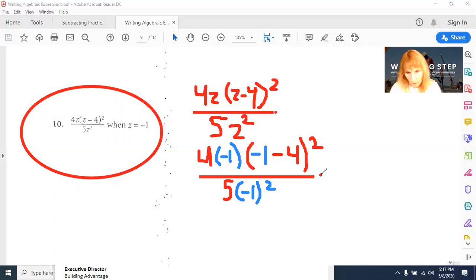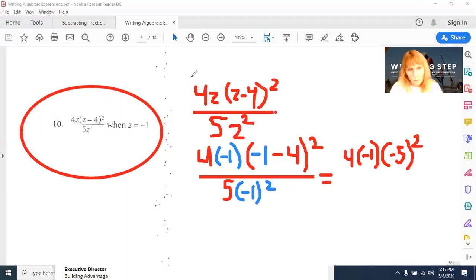I'm still going to have 4, and I'm going to have my -1 still there. And then what's in parentheses: -1 minus 4. What does that mean? Well, it's the same as -1 plus -4. So that's -5. And that's squared.